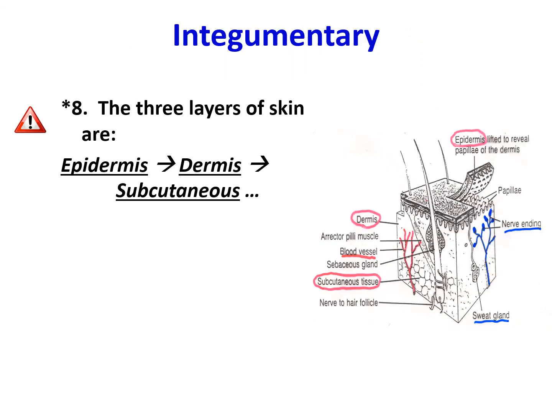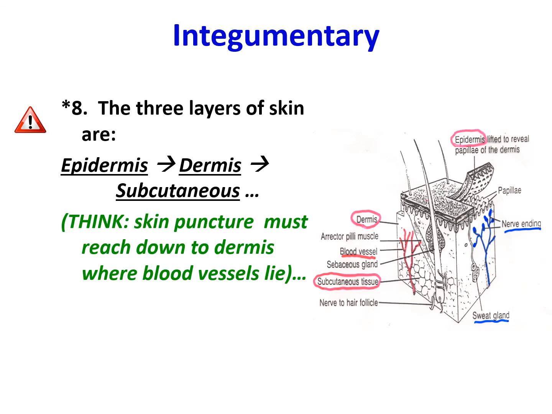Like I said, a lot of this is a refresher for you guys, and this is a very good, detailed picture that helps you understand your epidermis, your dermis, and your subcutaneous. Those are the three levels of your skin.